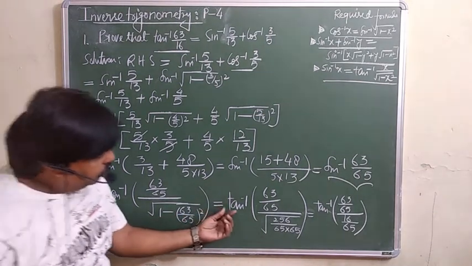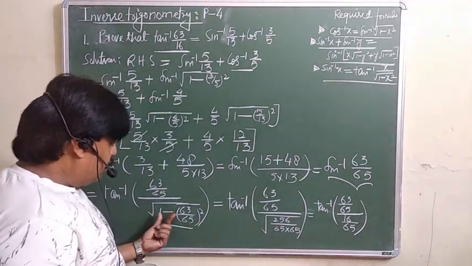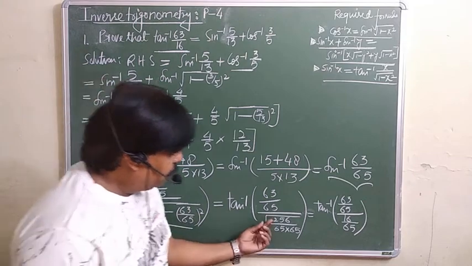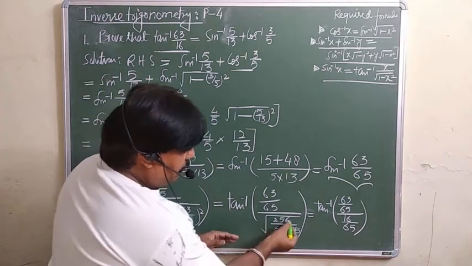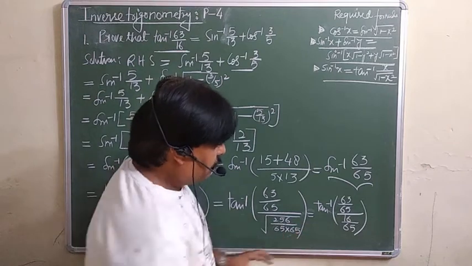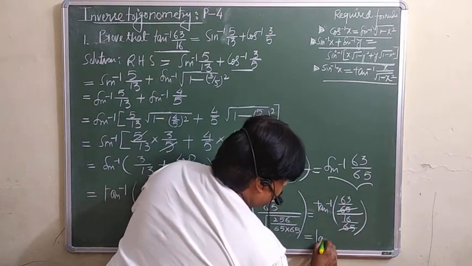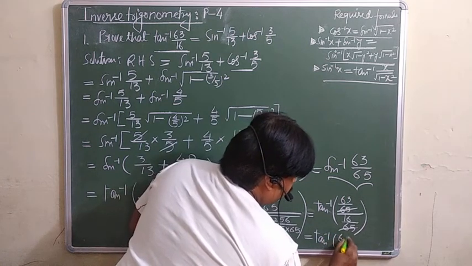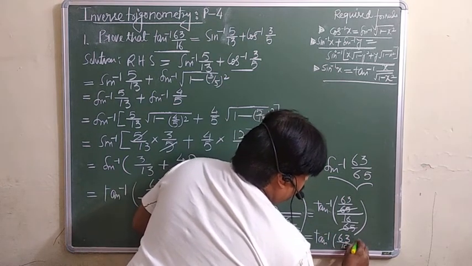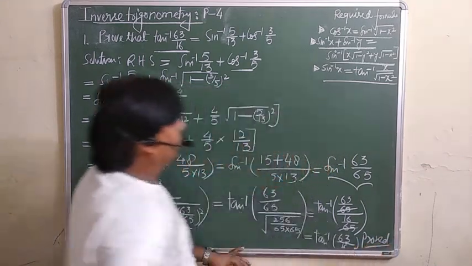So this is your tan inverse, and you will get 65 whole square minus 63 whole square, that is 256 over this one. Take the square root of 256, it is 16, and 65 cancels. So finally we are getting tan inverse 63 over 16, which is the left hand side which you want to prove.